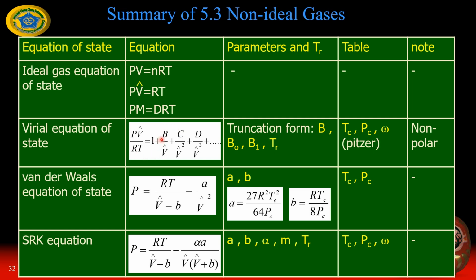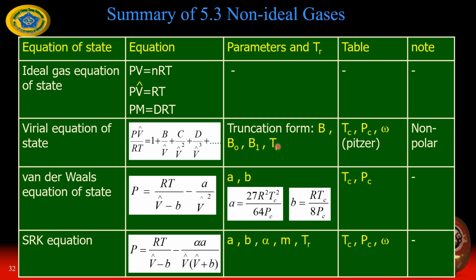But because this is non-ideal, you have to modify the ideal gas equation of state by these terms. So you have B, C, D, E, F, for example. These are called constants, so parameters. So for B, you understand there are some parameters. Okay, you have B, B0, B1, TR.